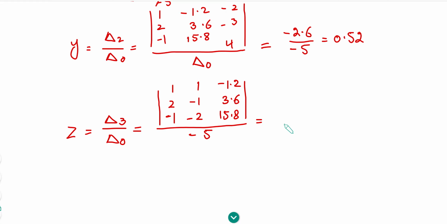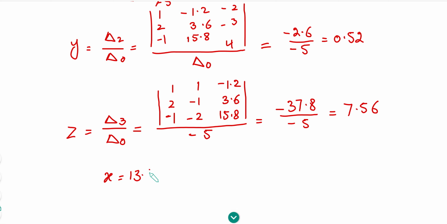Again I'm just writing the value, negative 37.8 divided by negative 5. Negative goes with the negative, and you will get 7.56.